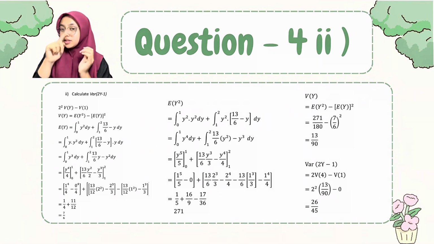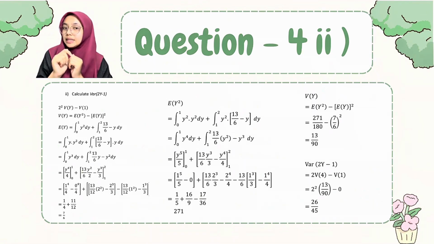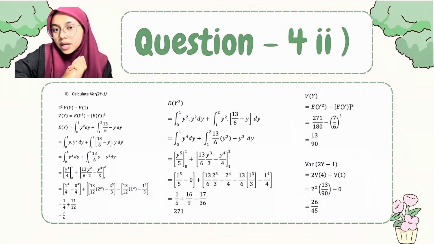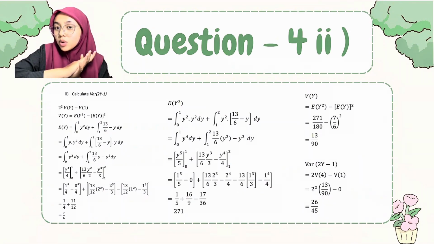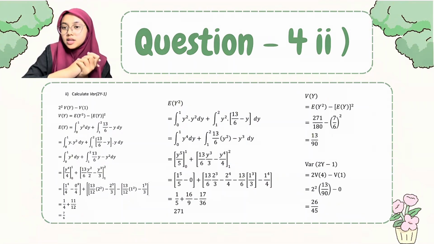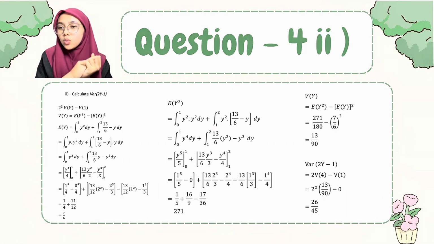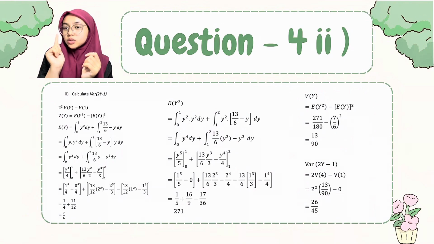E(y) equal to integrate 0 to 1 y² dy plus integrate 1 to 2 of (13/6 minus y) dy. And we have to simplify more until we get integrate 0 to 1 y³ dy plus integrate 1 to 2 of (13/6 y minus y²) dy.